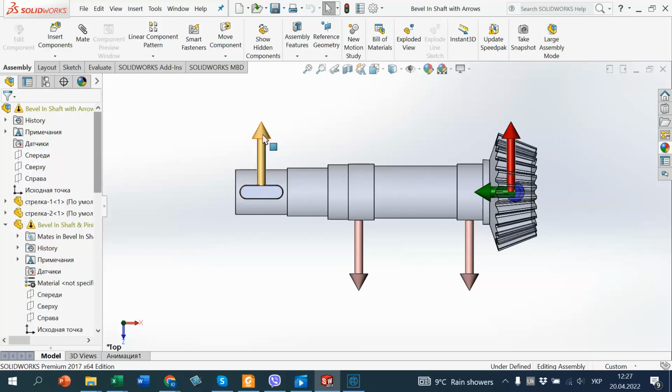And this plane will be horizontal. One more, these are conditionally known force planes.